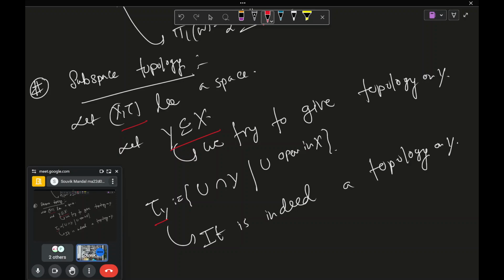This topology is known as the subspace topology.